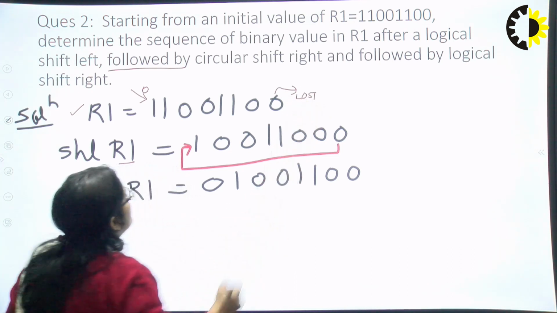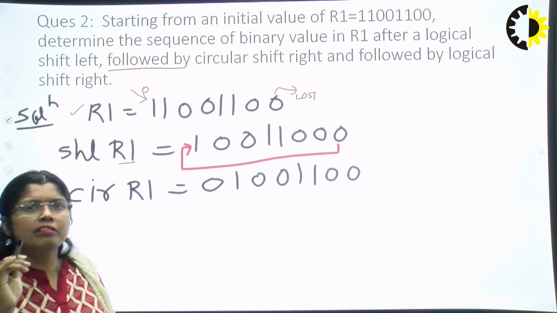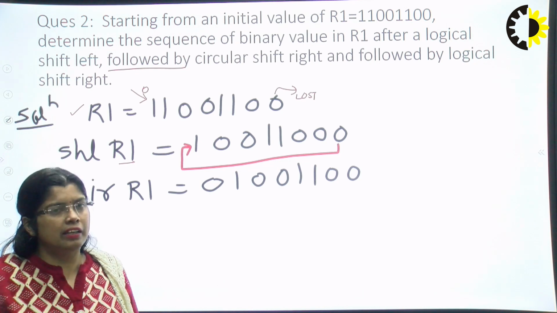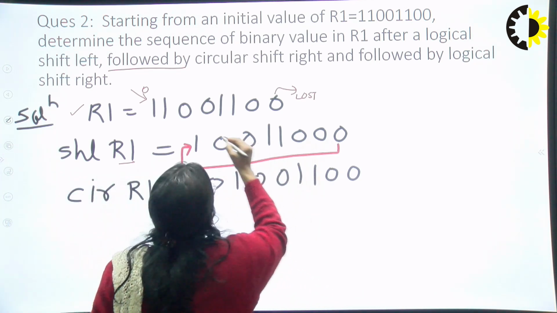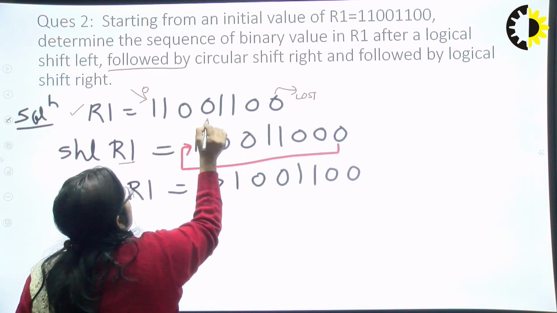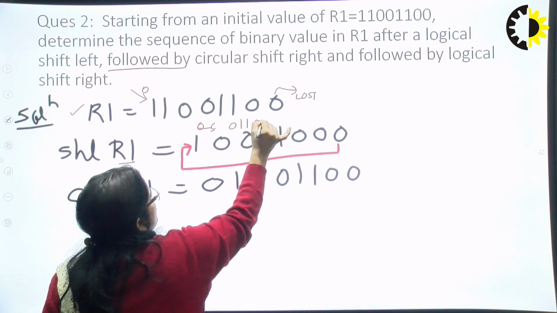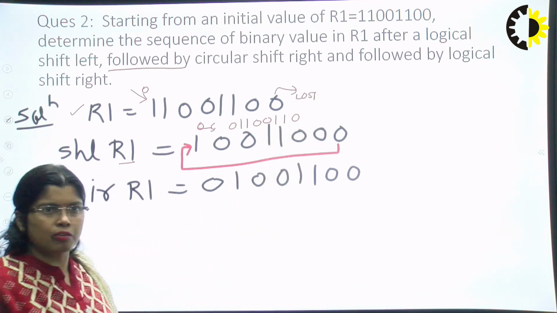So in the sequence of the question, the first is logical shift left. SHL R1, the result will be 0, 0, 1, 1, 0, 0, 1, 1 and 0, and this value will be lost.